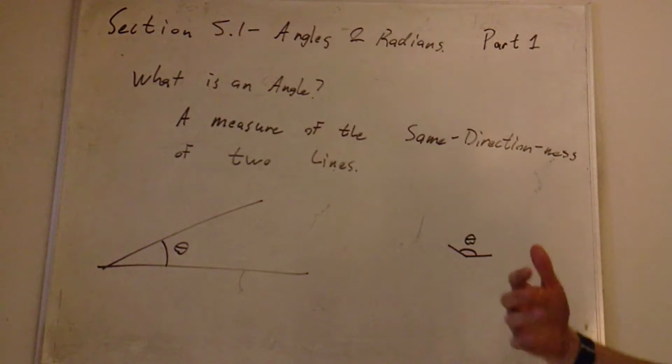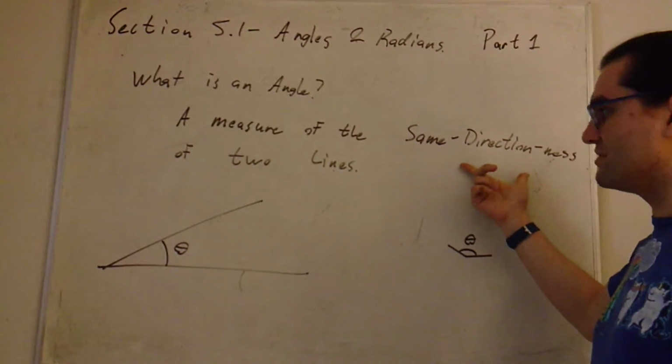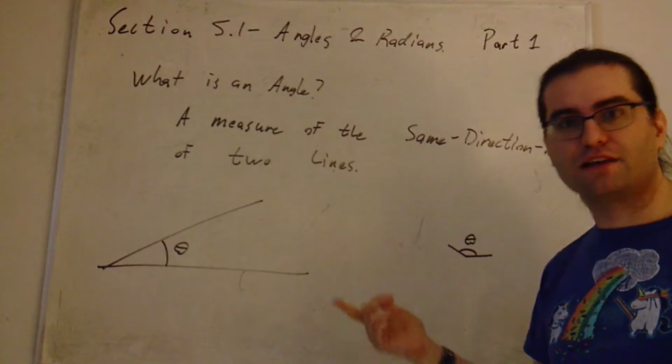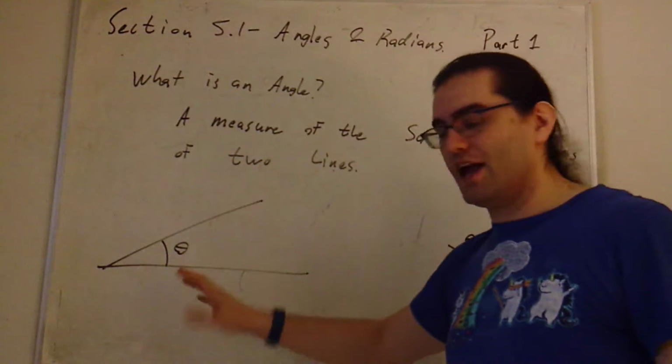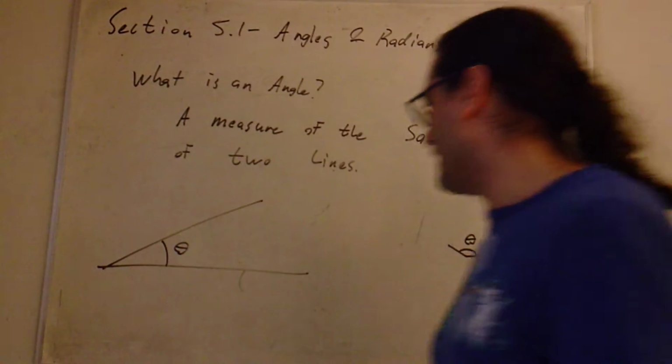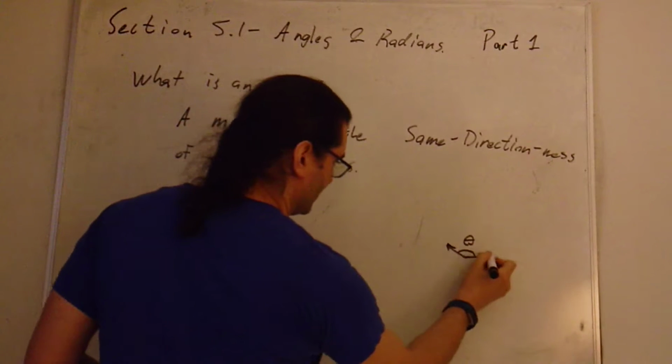And that's why we need this idea of same directionness. The same directionness of two lines has nothing to do with how long they are, or how big they are, or anything like that. It's just about what direction they're going in.